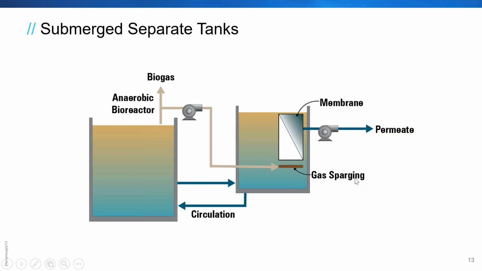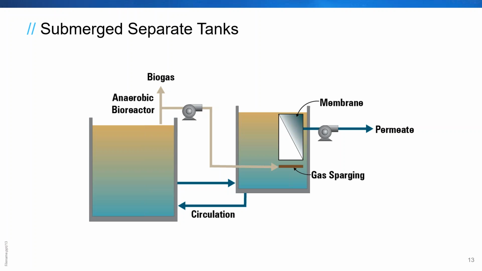And then this is, I'd say, more typical of what you see, at least in the hollow fiber world on the MBR side, where you've got an anaerobic bioreactor tank where you're doing that process, followed by a tank where the membrane is submerged. In this situation, you have arguably a lot better control over the process and what's going on in each tank, as well as the ability to clean inside of the tank.